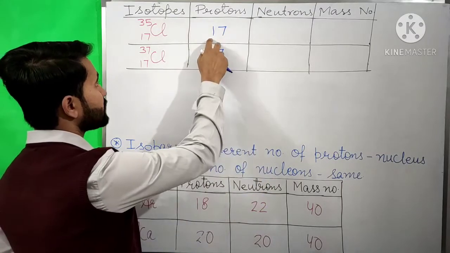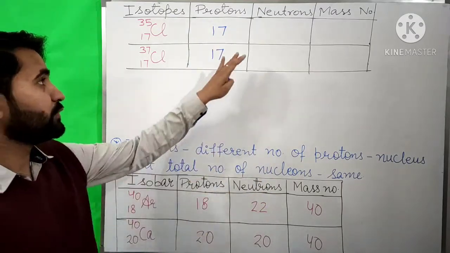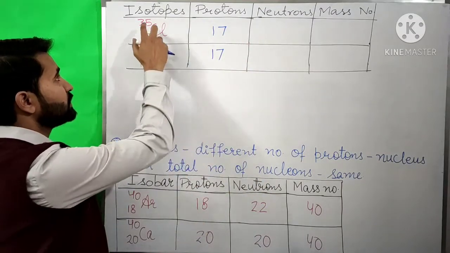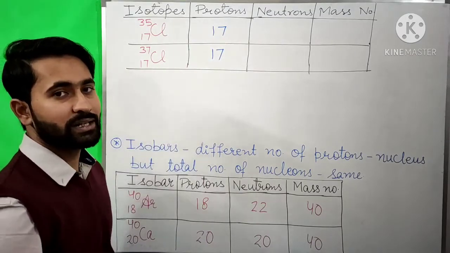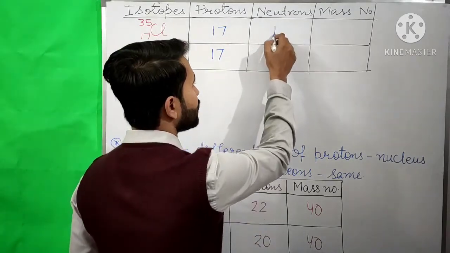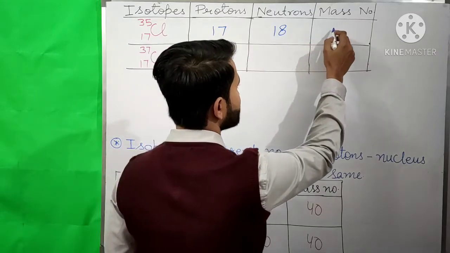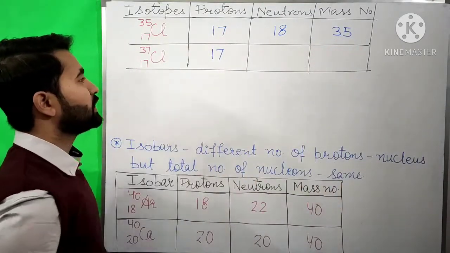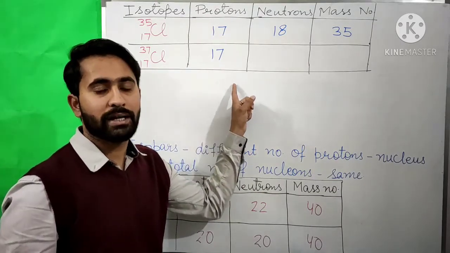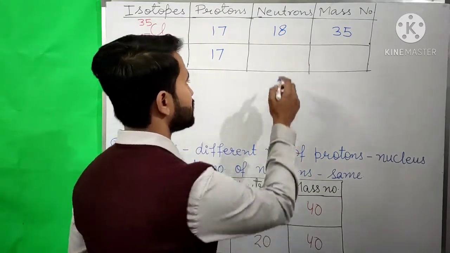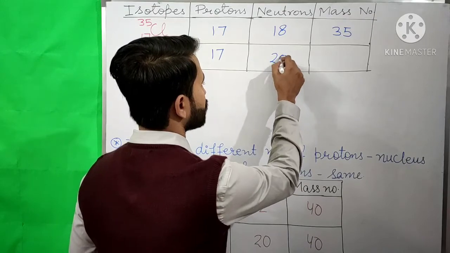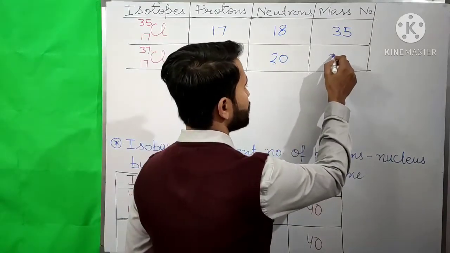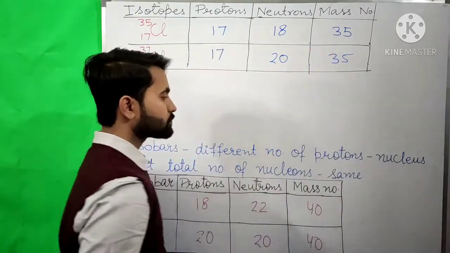Now in this case, the number of neutrons will be 35 minus 17, that is equal to 18, and its mass number is 35. Now here it will have 37 minus 17, that is equal to 20 neutrons, and its mass number is 37.